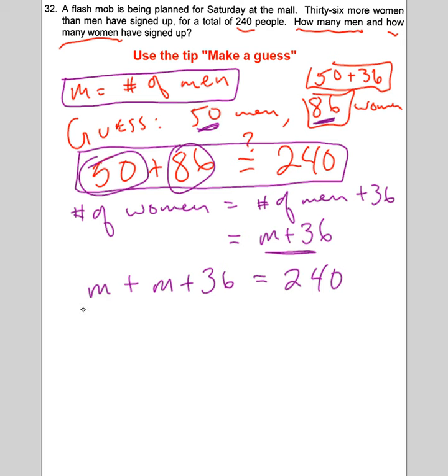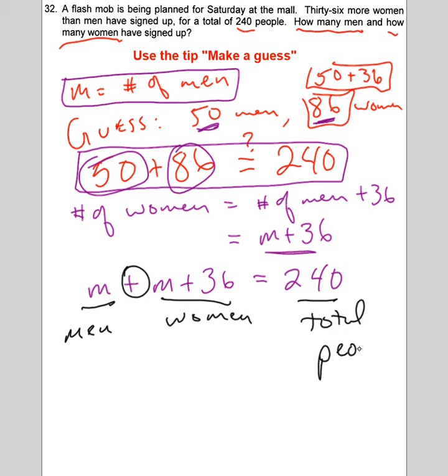So remember, this is men, this is number of women, and together they give us the total number of people. So that is our equation. That's what we're looking for.